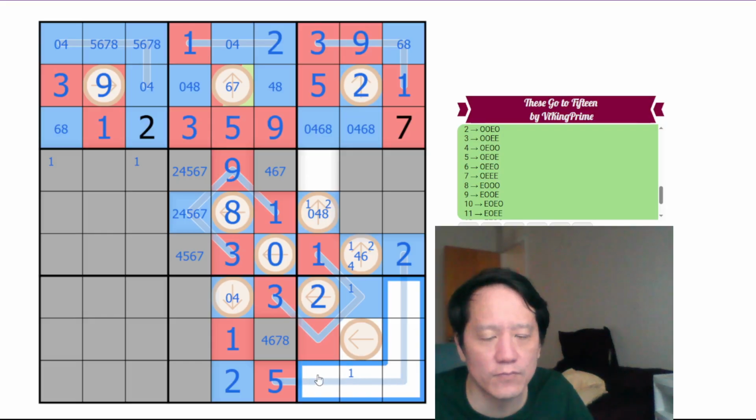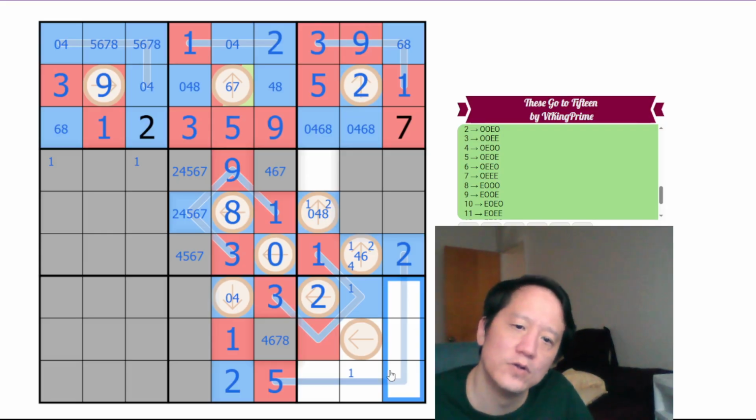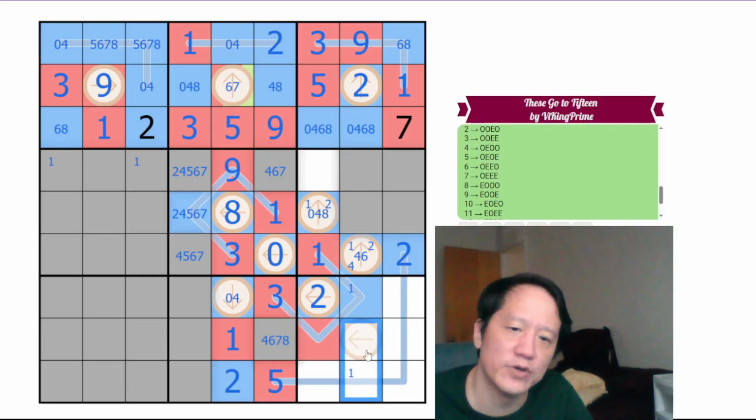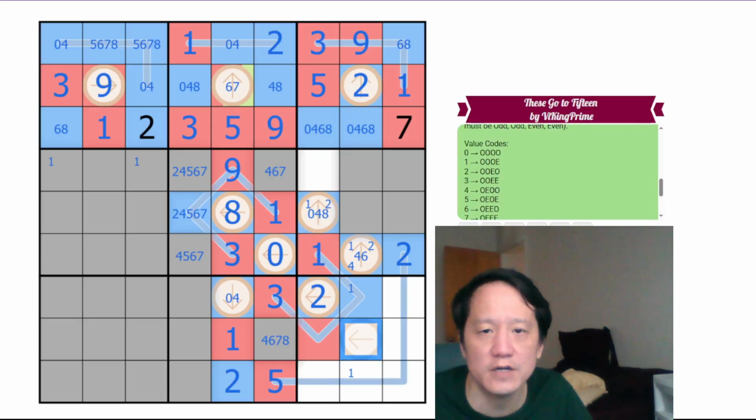Hmm. This is an odd even pair. Right? Because if this is odd, that makes this an even value. If this is even, that makes this an odd value.